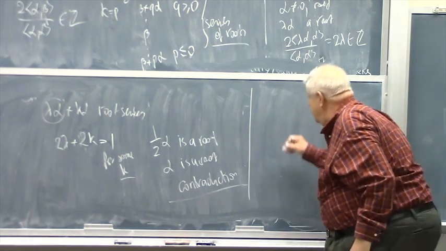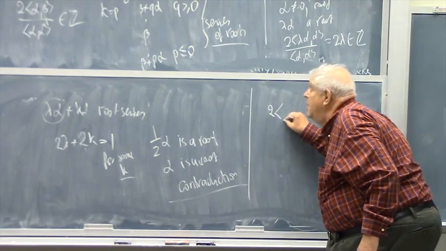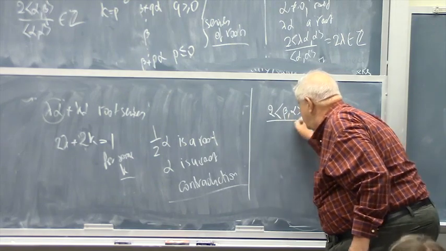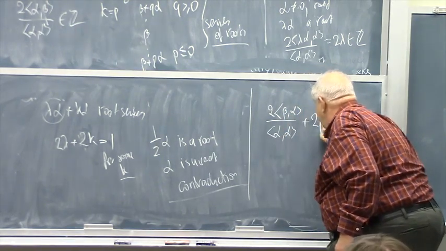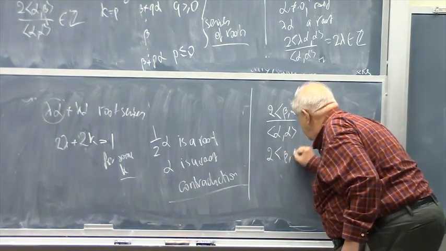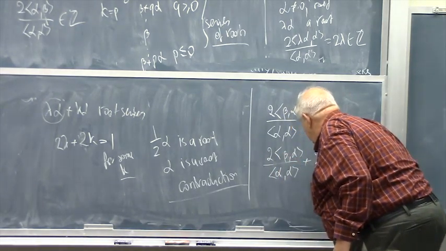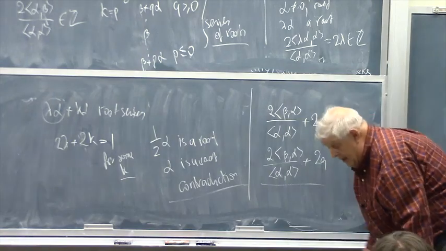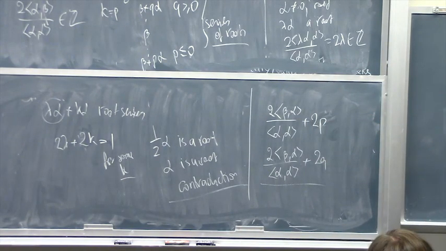So they are 2(beta, alpha) divided by (alpha, alpha) plus 2p, and 2(beta, alpha) divided by (alpha, alpha) plus 2q, right? And these two integers are opposite to each other, n and negative n, right? Their sum is 0.